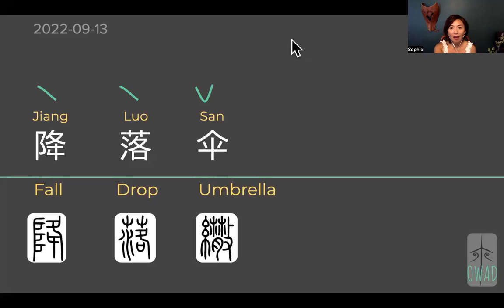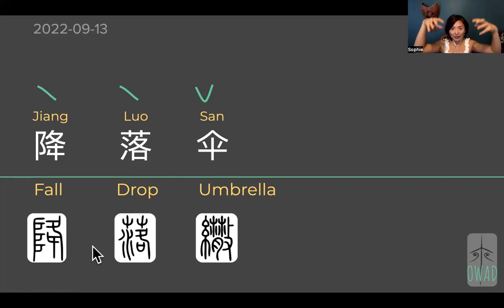So we have 降落伞, which is about falling in the image of rock climbing and falling again in the image of flowers or plants, leaves or flowers dropping to the streams and having a separation from the body of the tree. That's plant dropping and this is rock climbing down.